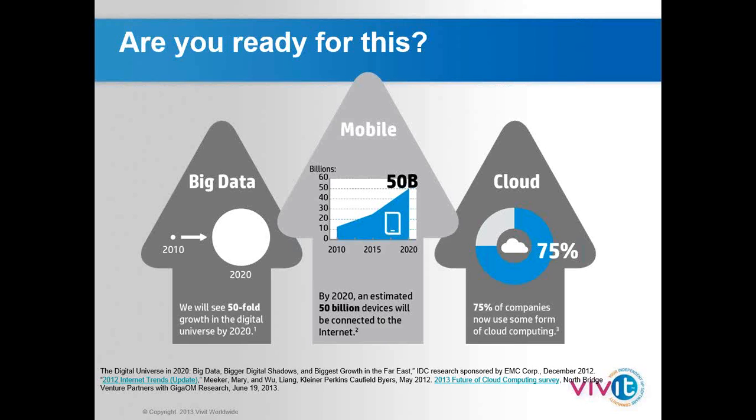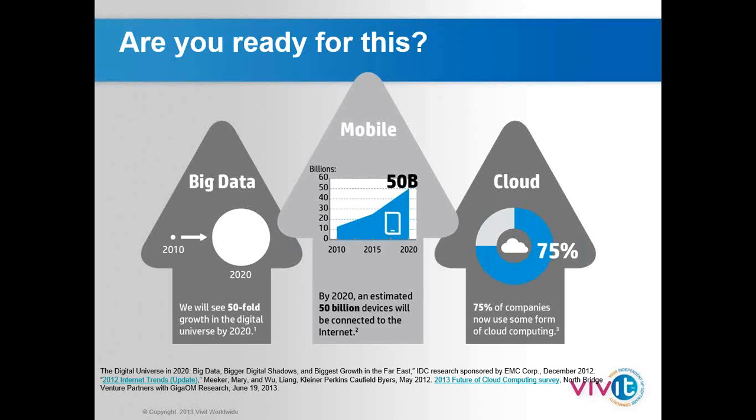According to the second trend, which is around the mobile, according to some research done by IDC and others, the estimates are that mobile devices would reach anywhere close to 50 billion devices connected to the internet. Similarly, the third trend which shows up here is the cloud.